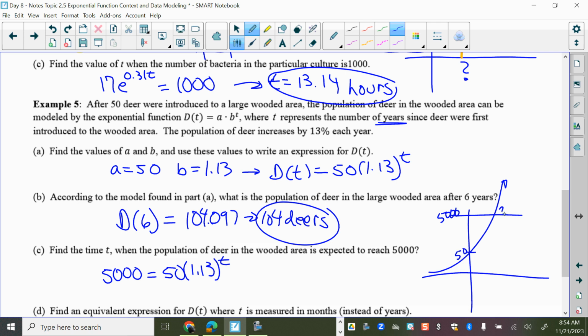Same one as before. Your window, maybe to like 6,000 or something.